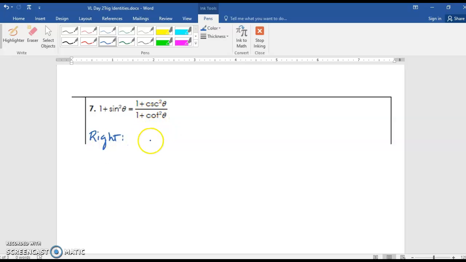So in this, we have 1 plus 1 over sine squared theta, and 1 over cos squared theta over sine squared theta. Now we have to bring them into a common denominator for each part, for the numerator separately and the denominator separately. So here we have to multiply and divide with sine squared theta.